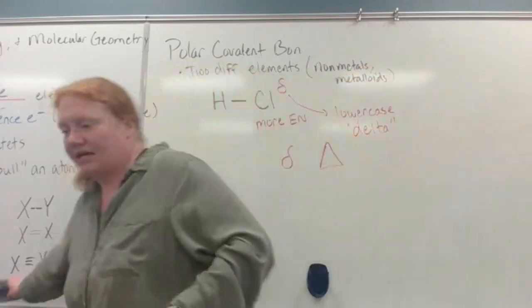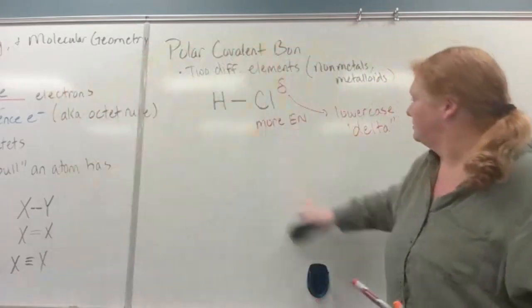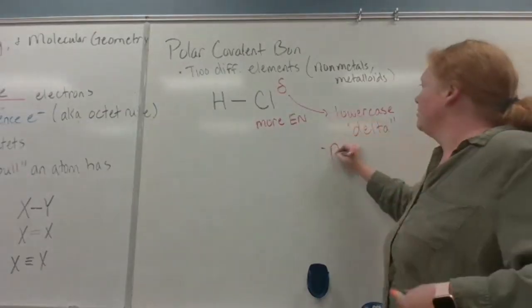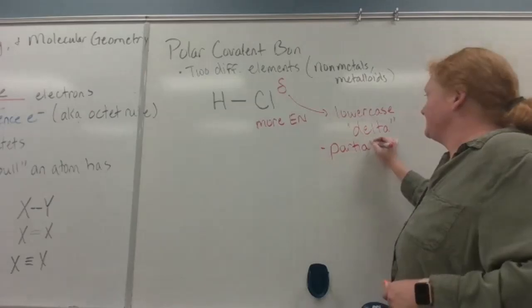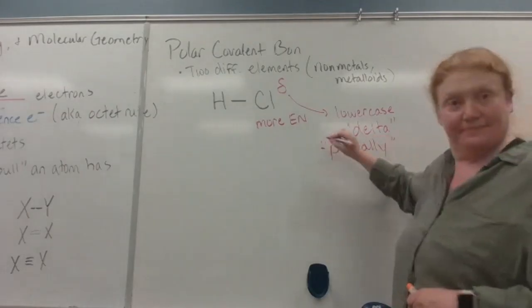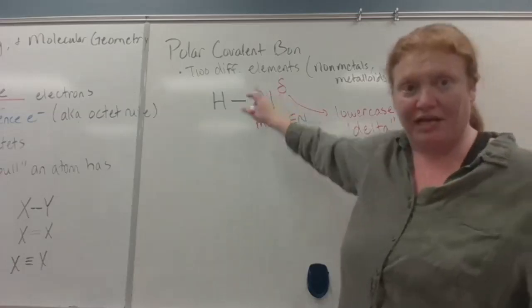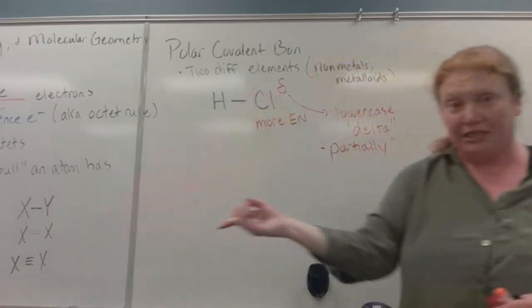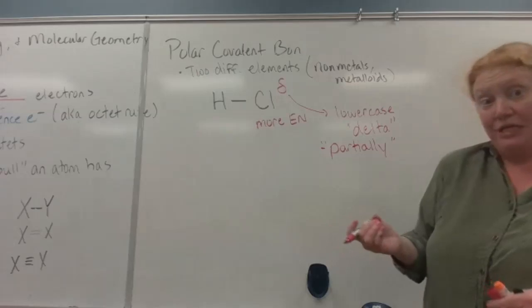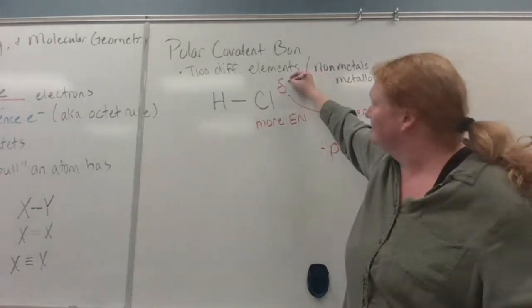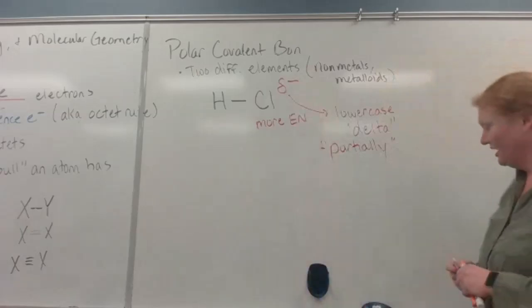And in this context, delta means partially, okay? And if this is the more electronegative element, and it is pulling those shared electrons closer to its side, this is partially negative.